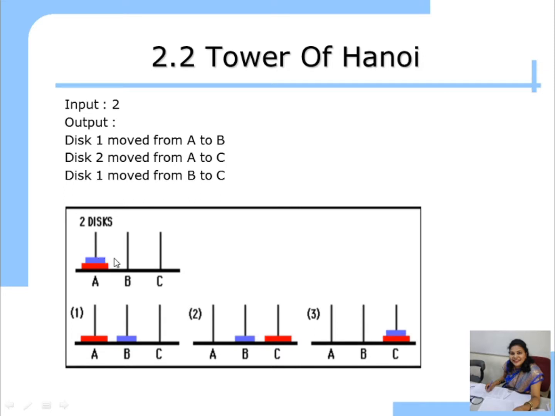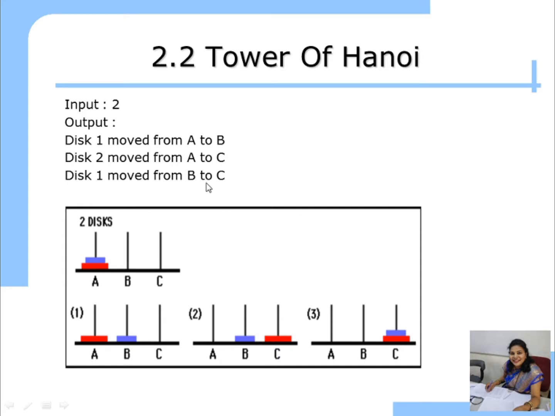And the third rule was you cannot place larger discs onto smaller discs. See here, the larger disc is at the bottom and the smaller disc is at the top. So you cannot bring the red ring onto the blue ring. Okay, you cannot place larger discs onto small discs.